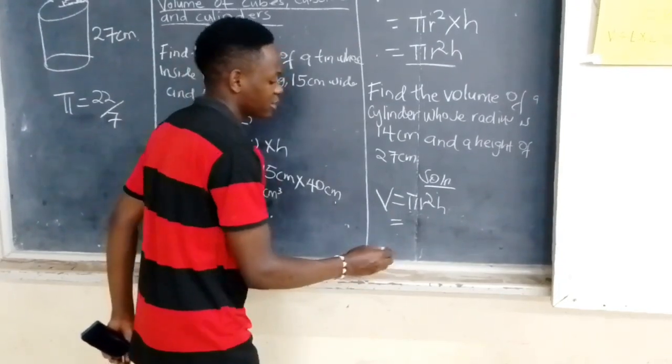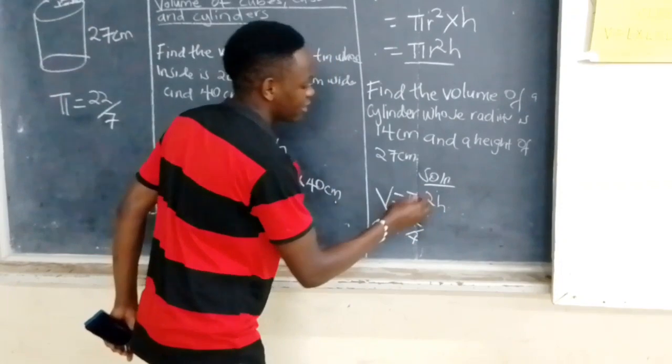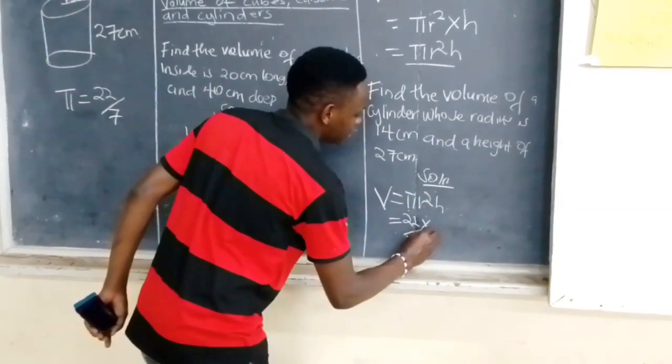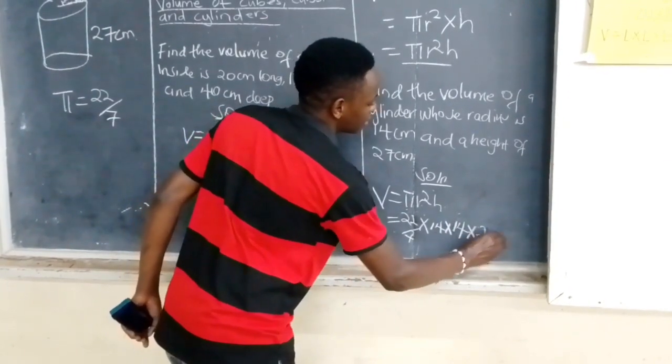Replacing the variables, pi which is 22/7, r squared is 14 multiplied by 14, and our height is 27.